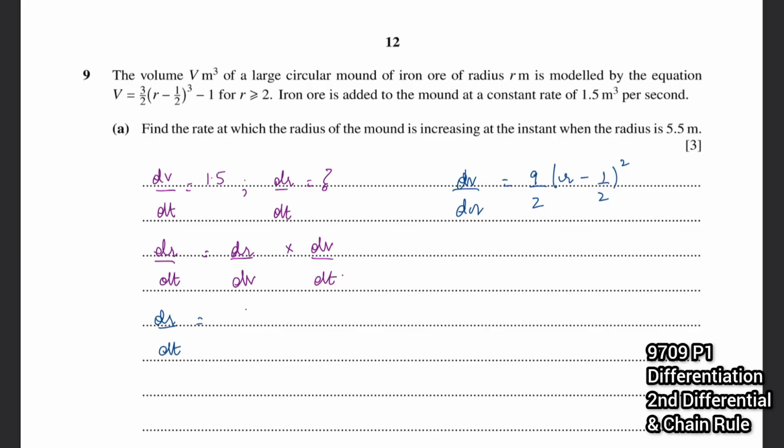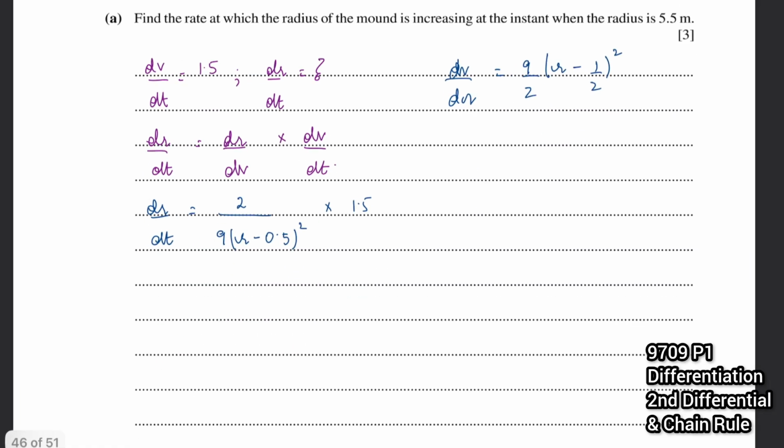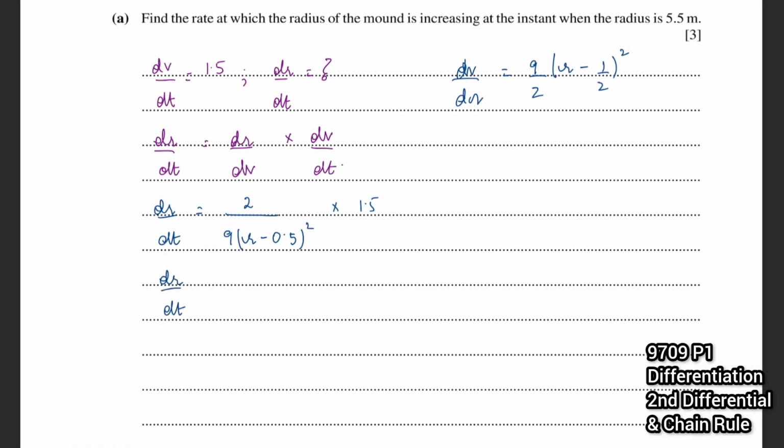This becomes 2 upon 9 r minus 0.5 square into dv by dt, which is given as 1.5, r is given as 5.5. So dr by dt is equal to 2 into 5.5 minus 0.5, which is 5, is equal to 2 upon 9 into 5 square, which is 25, multiplied by 1.5, which is 3 upon 2, giving 1 upon 75. That's the answer.